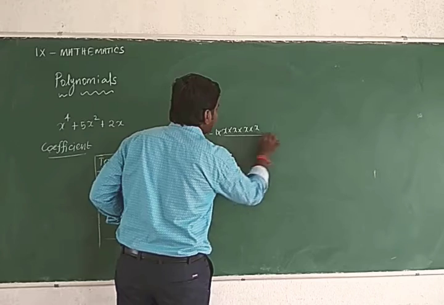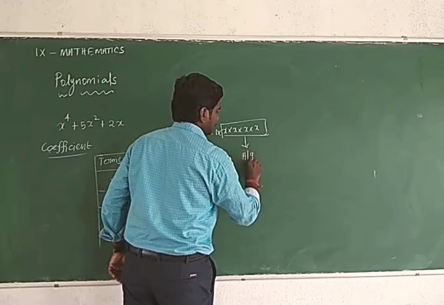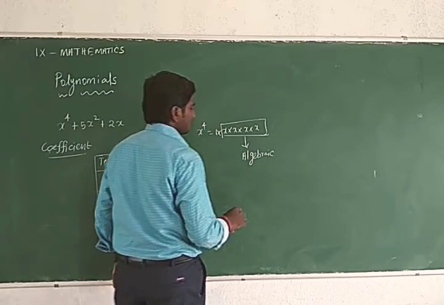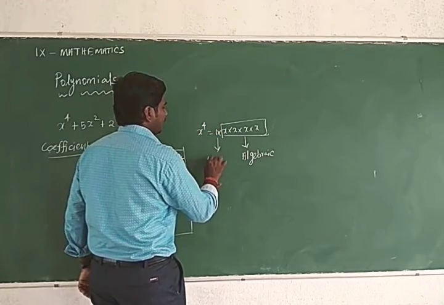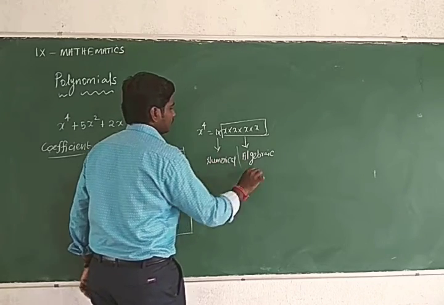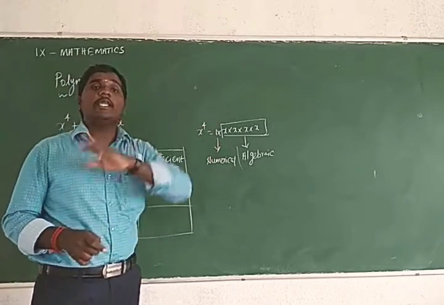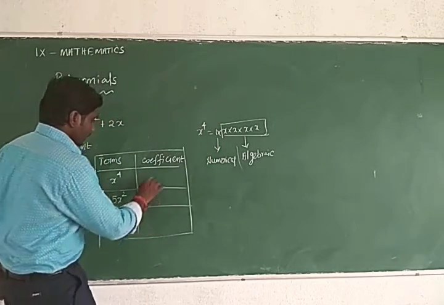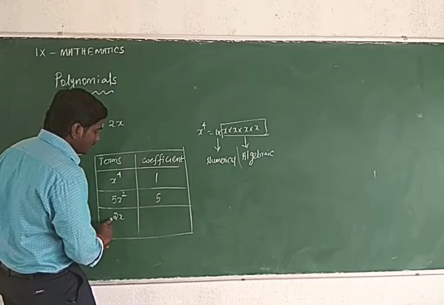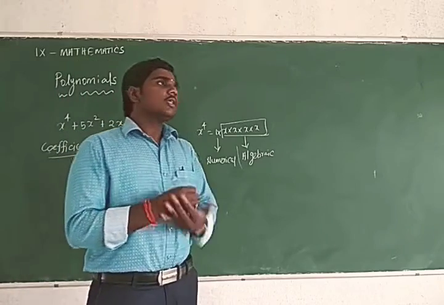These are called algebraic factors, and the number is called the numerical factor. That numerical factor is the coefficient. So here 1. Here what is the numerical factor? 5. Here? 2. That is the coefficient.